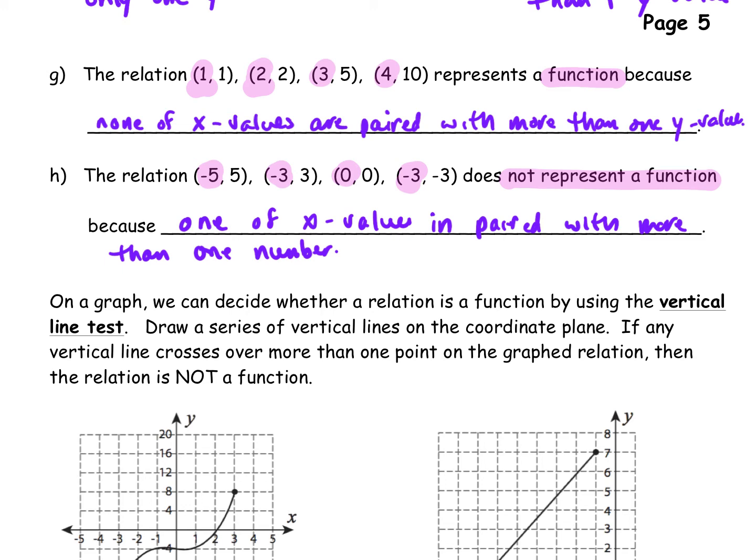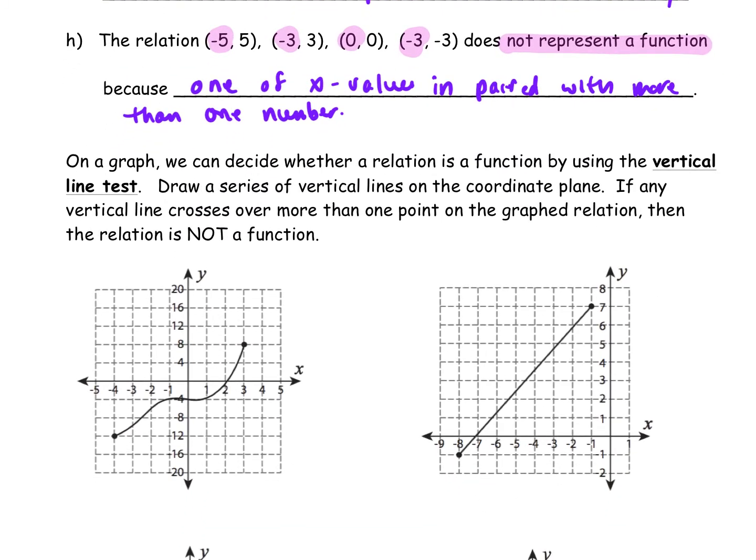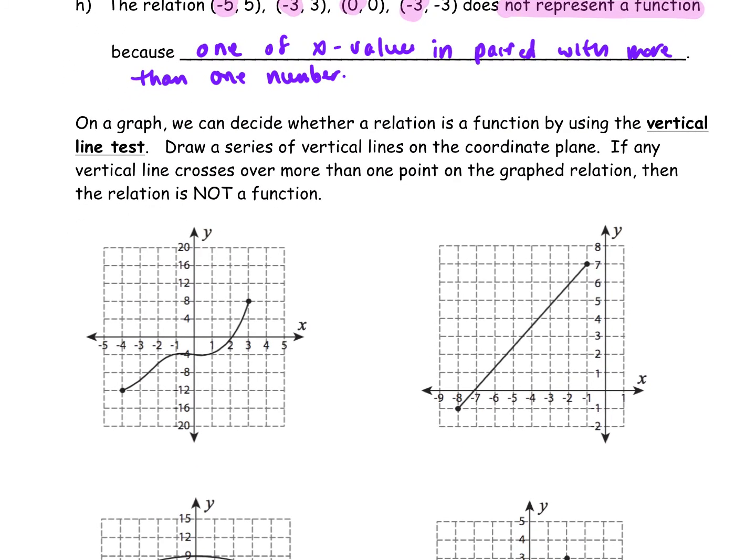So now let's do my favorite, and most students' favorites, because it's probably the easiest because it's visual. On a graph, we could decide whether a relation is a function by using the vertical line test. And it says draw a series, meaning many of them, of vertical lines on the coordinate plane.